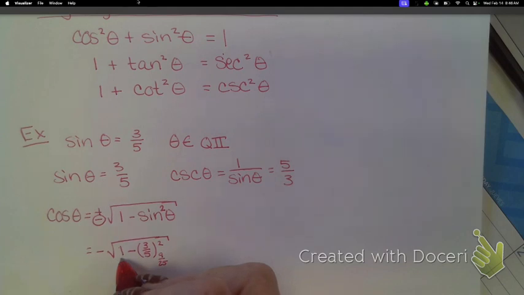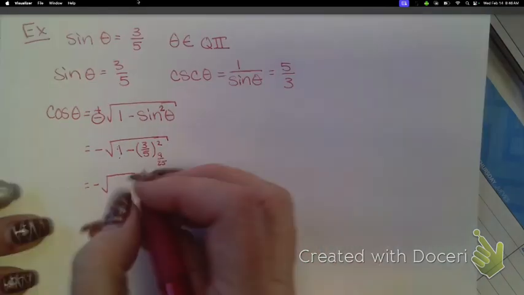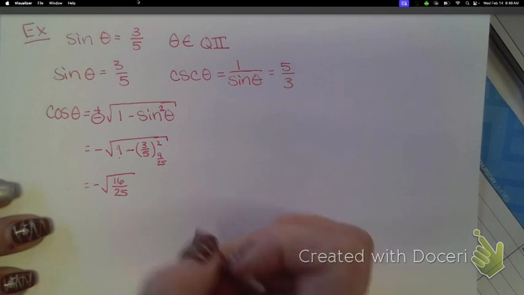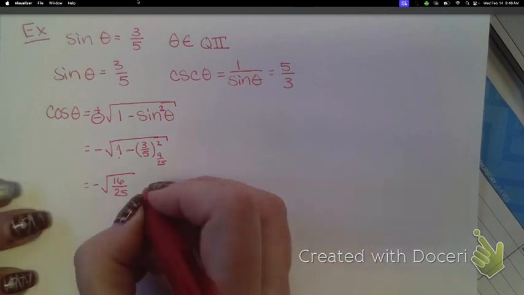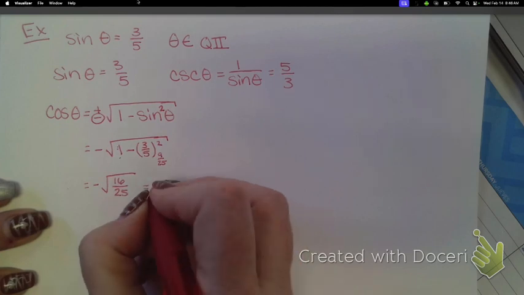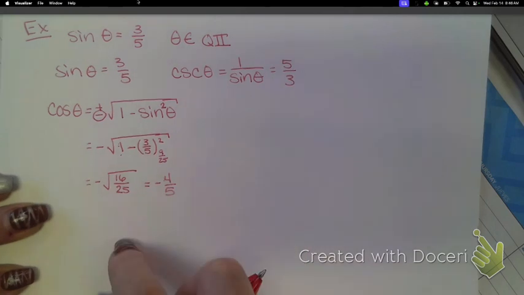So 25 minus 9 is 16. You guys have done that a million times in your homework in the last week. So I have 16 over 25. What is the square root of 16 over 25? 4/5. So negative 4/5.